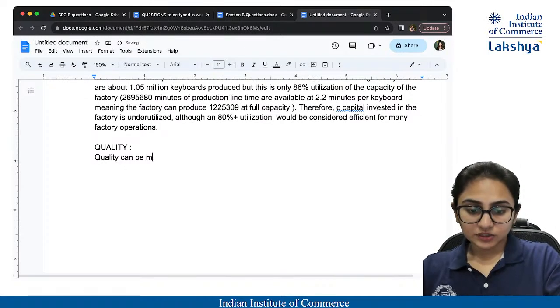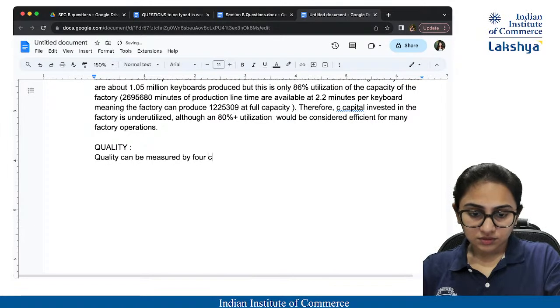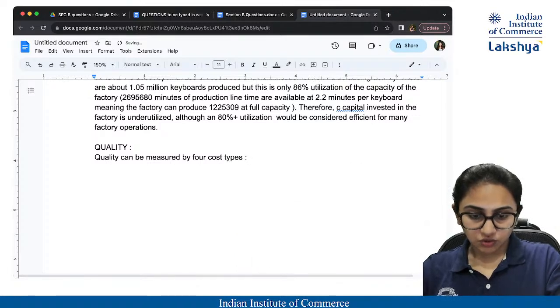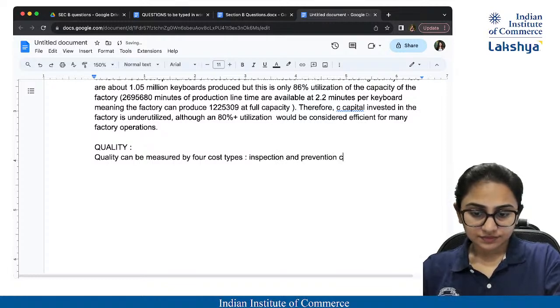Quality can be measured by 4 cost types, which is that inspection and prevention cost, and what does that represent?